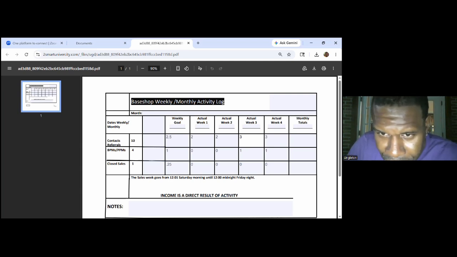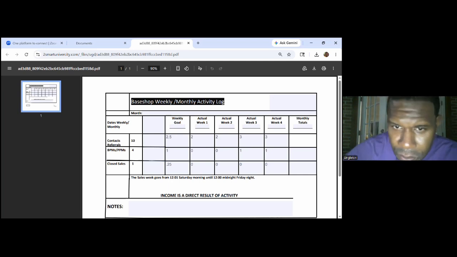So after two weeks of the same, they got a little more momentum and got more people.